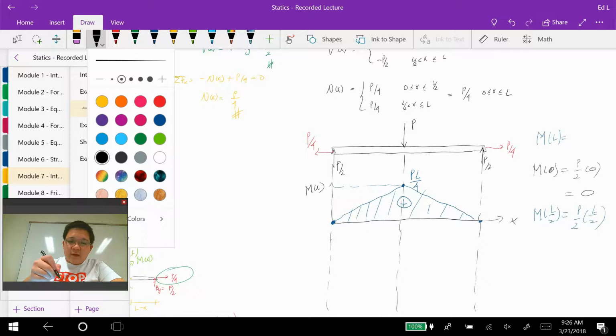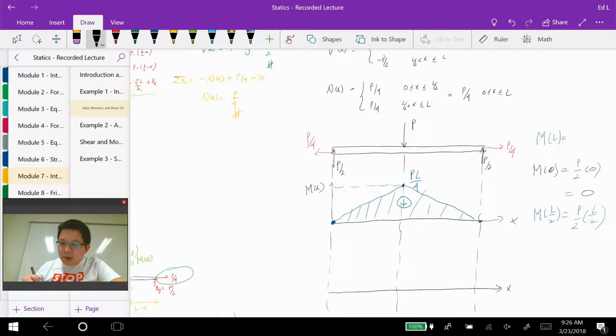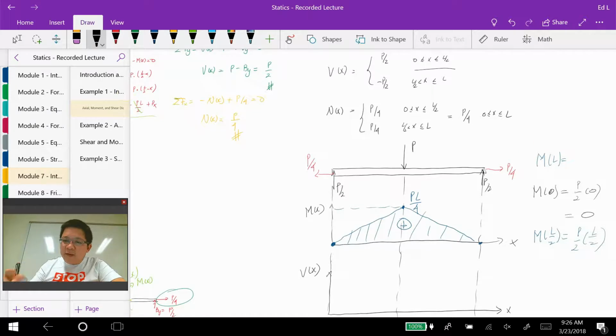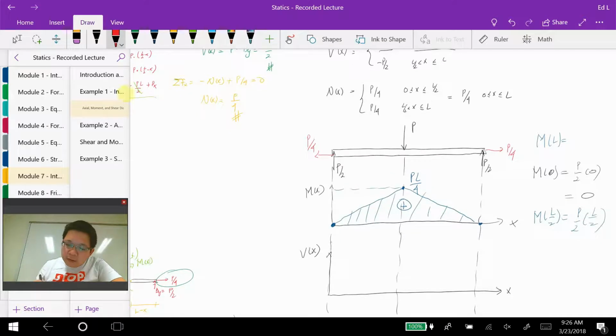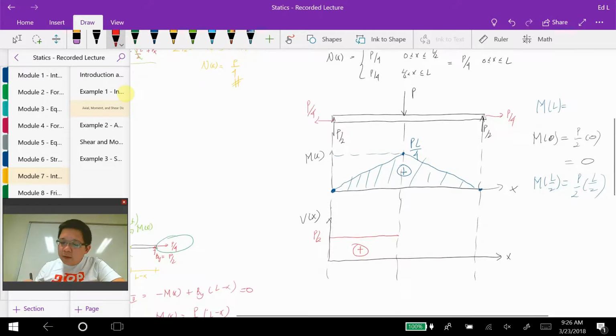by sketching x, and then right now V of x. Okay, in the first range from x 0 to L over 2 is P over 2 positive, and then on the second range is negative P over 2.